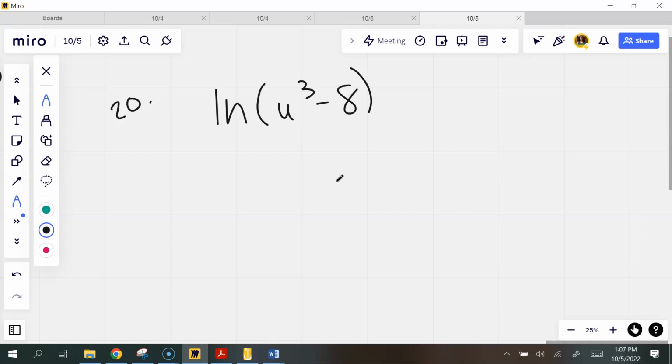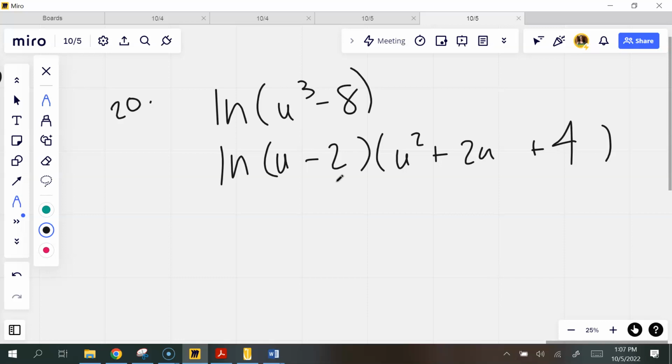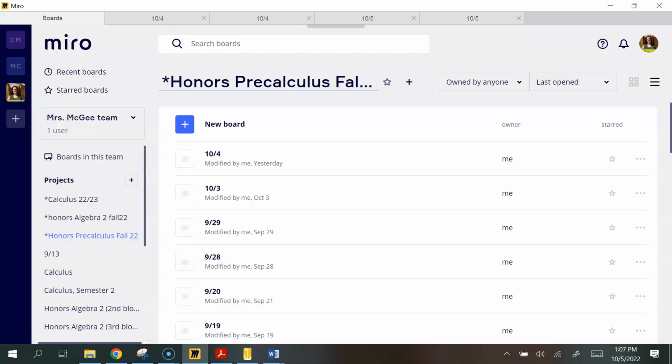And this is a difference of 2 cubes. So I can do little parenthesis, big parenthesis, same change plus, u and 2, u squared, 2u and 4. Yep. So now I can expand with addition here.